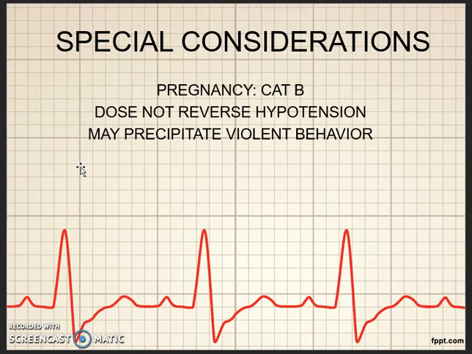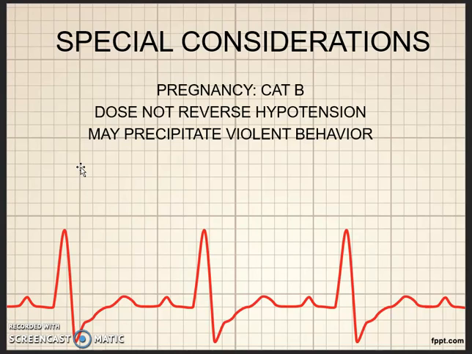Some of the special considerations as far as pregnancy goes: this is a Category B. Category B, as a reminder, means that it has been tested in animals and not been proven to cause any detrimental effects to the fetus. To my knowledge, there have been no studies in humans in the first trimester.